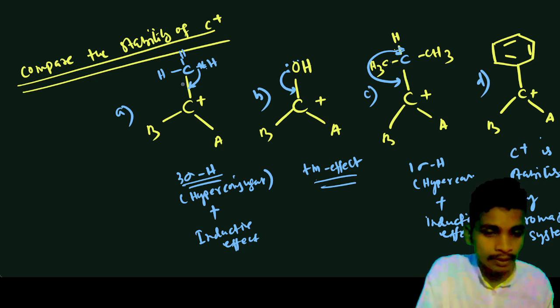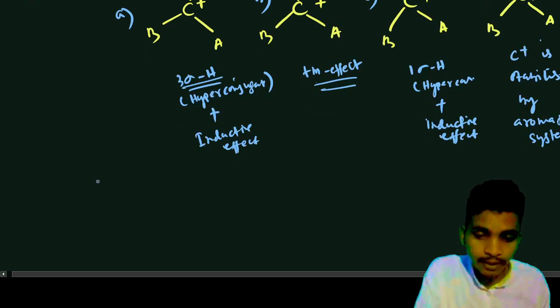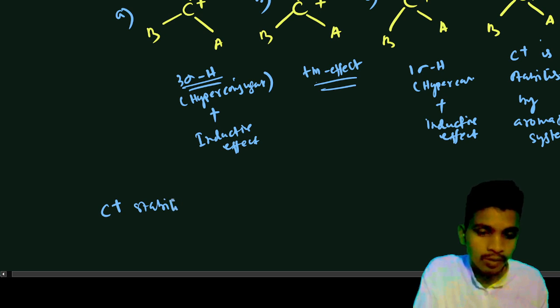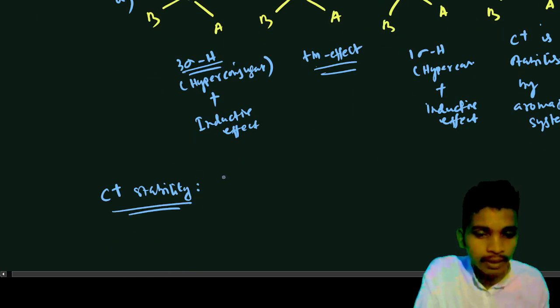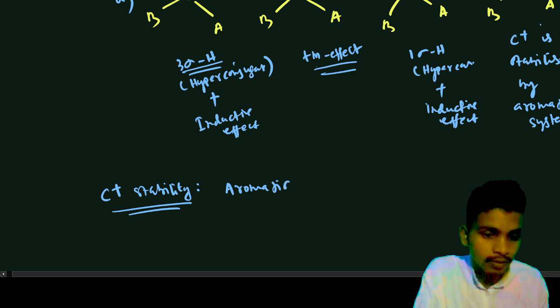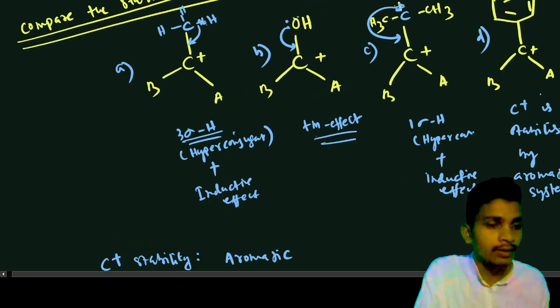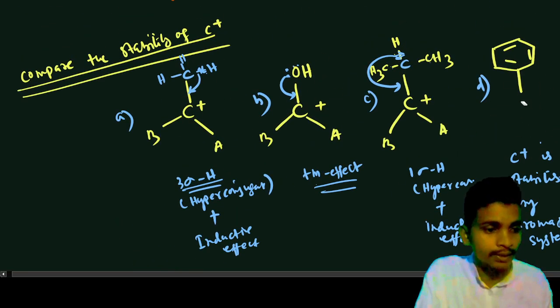For the time being, what I will say is that the carbocation stability will be more if the carbocation is getting stabilized. It means that first, aromatic will give more stable, if it is aromatic.